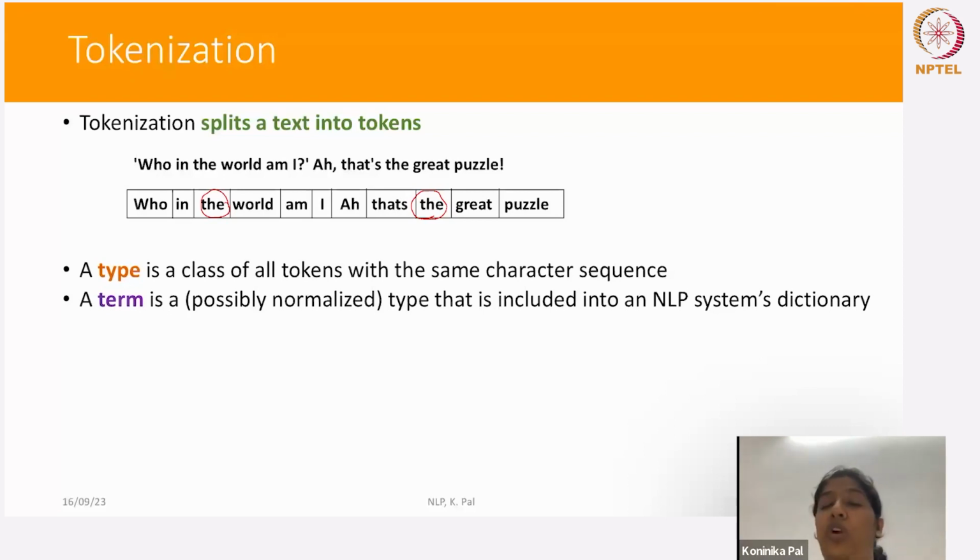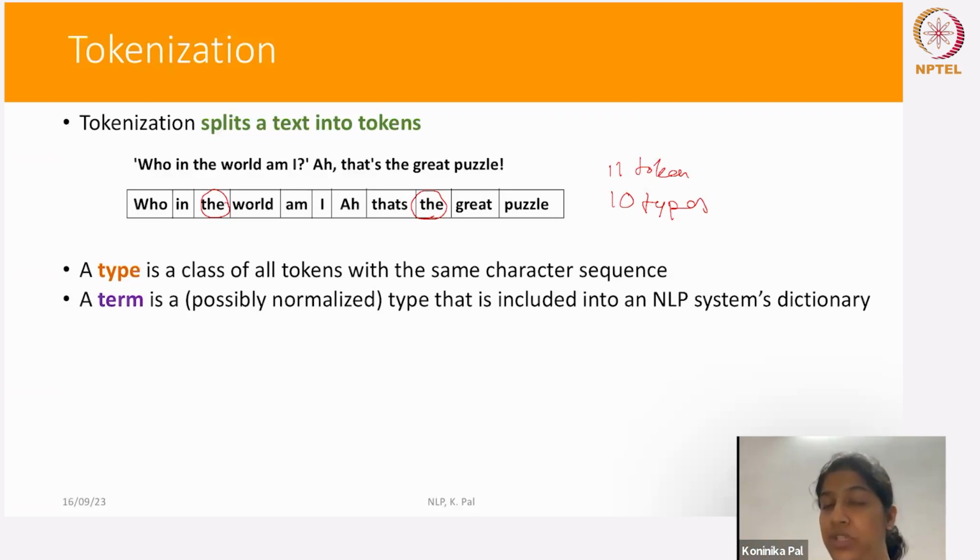So when we talk about a token, the position matters. When you talk about a type, it's just considering the string of characters. The total number of tokens here is 11, but the number of types here is 10.